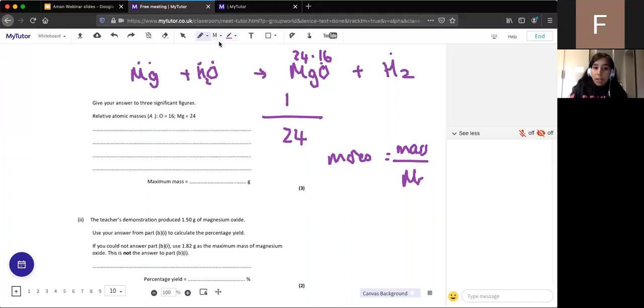So we do 40 times 0.04166, which gives us an answer of 1.6 recurring. Remember, we always do it to 3 significant figures. So this will give you an answer of 1.67 grams.